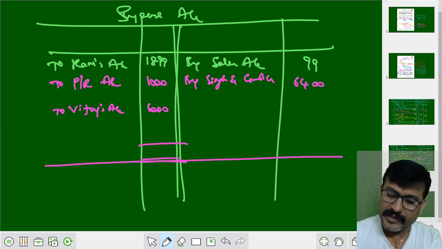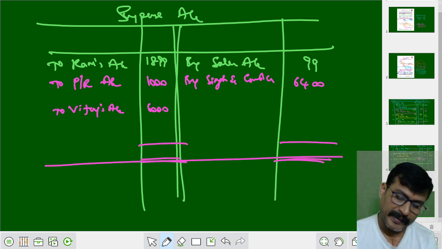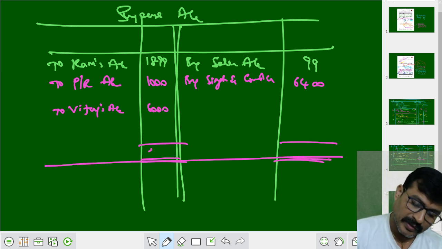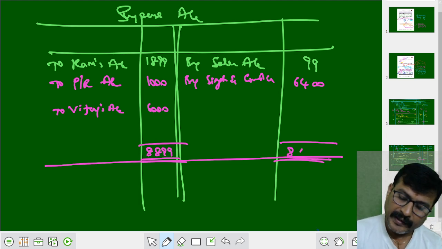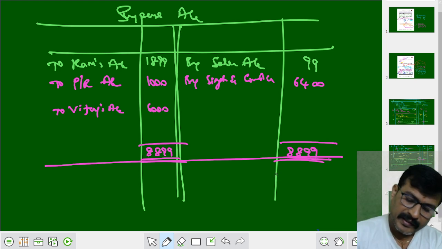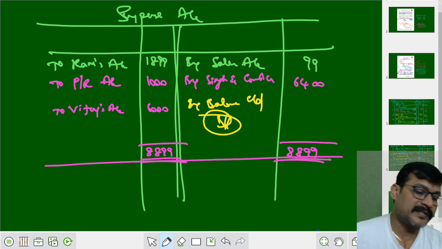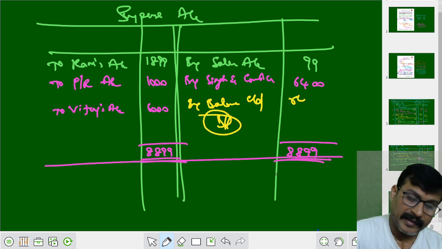Now, my dear students, you close it off. What side are you getting more? I think the debit side is more. The debit side comes to 8899. How much is less on the credit side? That we have to write by balance carry down as a balancing figure called difference in trial balance.